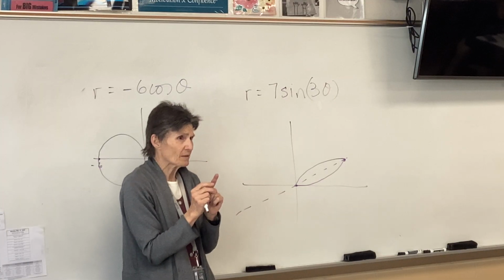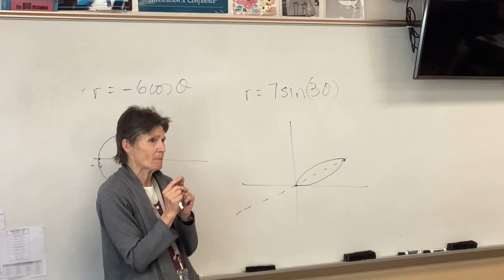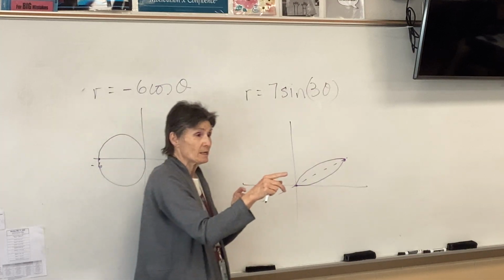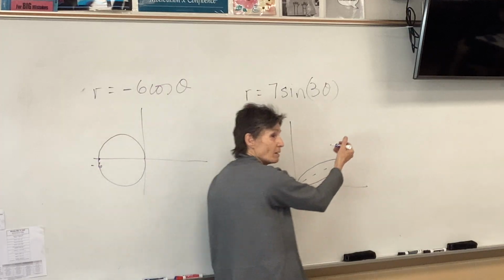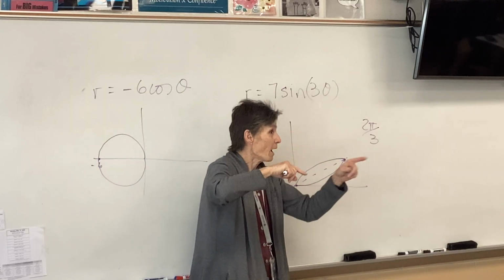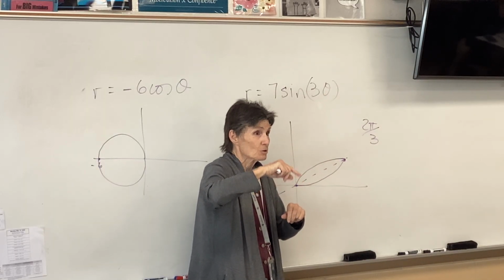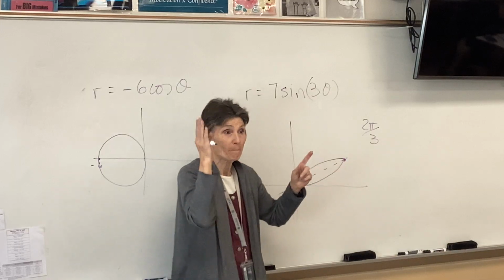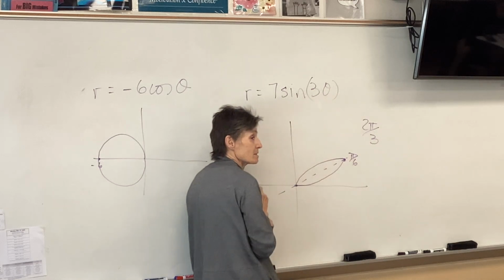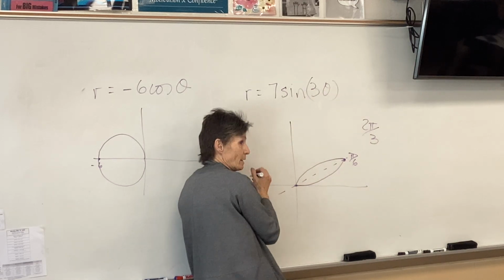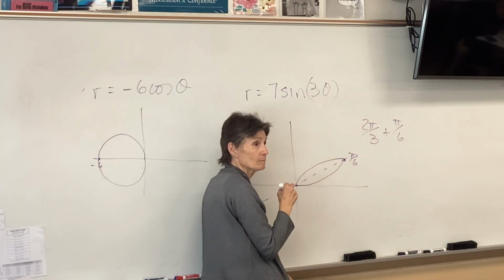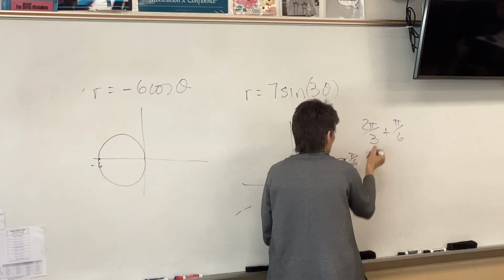How far apart will they be if they are evenly spaced? 120 degrees, but we're in radians, so we'll say 2 pi over 3. A full revolution is 2 pi. 2 pi divided by 3, that's how far apart they are. So if the first one is at pi over 6, where is the next one going to be? 2 pi over 3 later, which is 5 pi over 6.